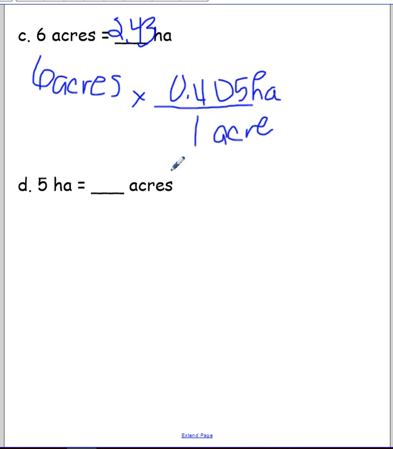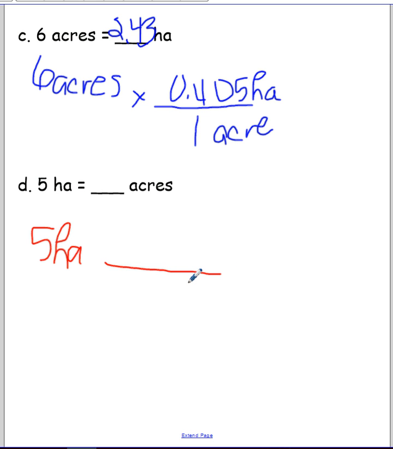And again, instead of using this relationship, you could have used that 1 hectare is the same as approximately 2.47 acres. So then you would divide 6 by 2.47. So let's use that conversion, since now they're giving us a metric unit.